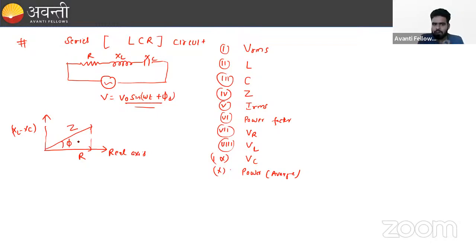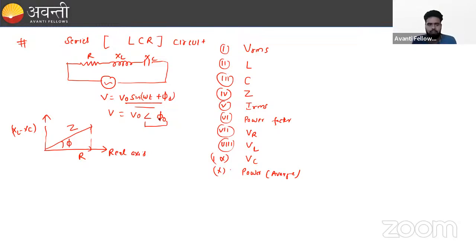And we have to use a short notation. Whenever an angle is written in this form, we can directly write it in this manner, that V naught angle phi naught. What is the meaning of angle phi naught? That is sine omega t plus phi naught, because we already mentioned we can measure the angle with the omega t axis, right?